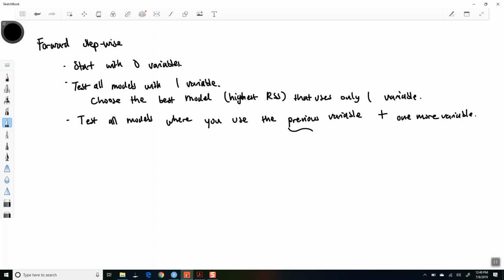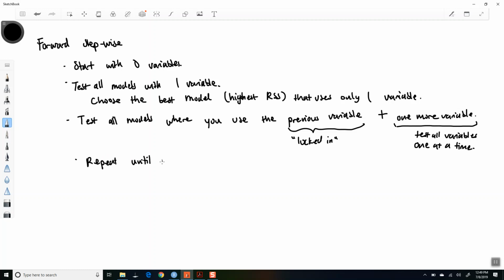The previous variable is locked in. One more variable, so test all variables one at a time. And then repeat until you have a model with all variables.